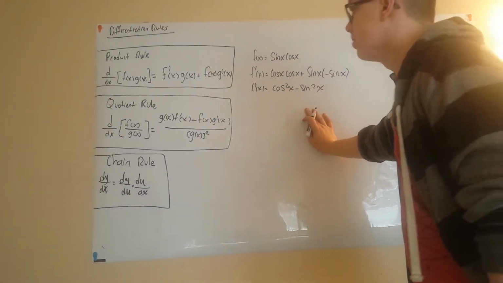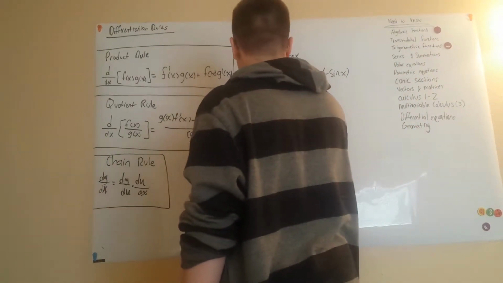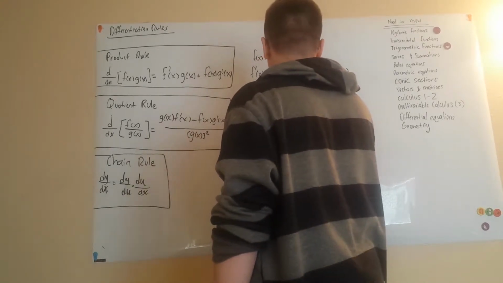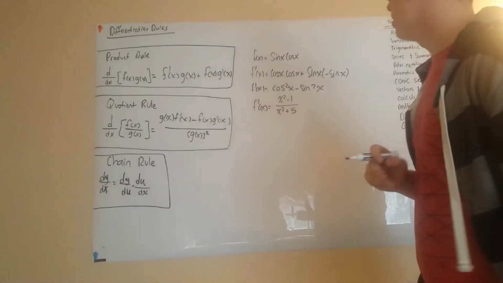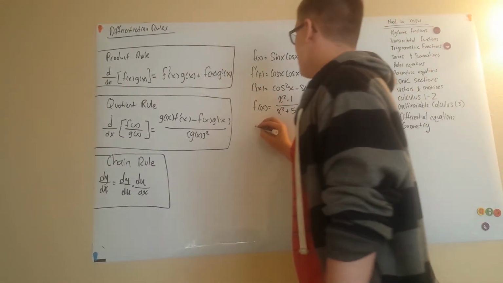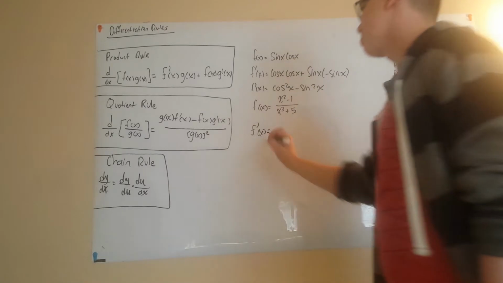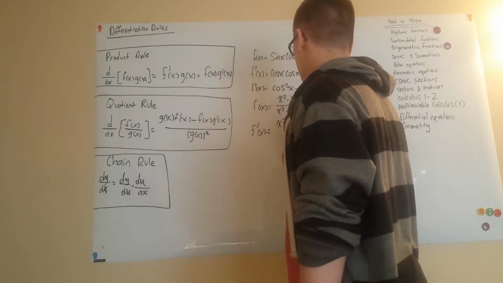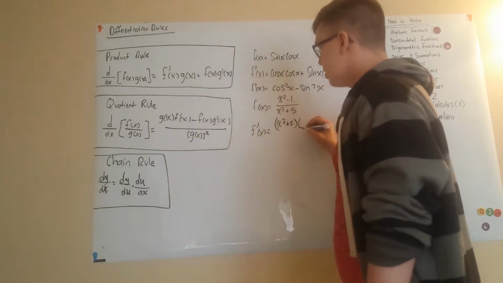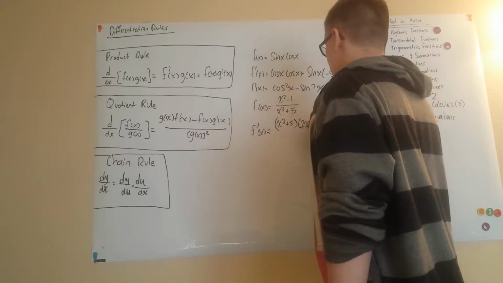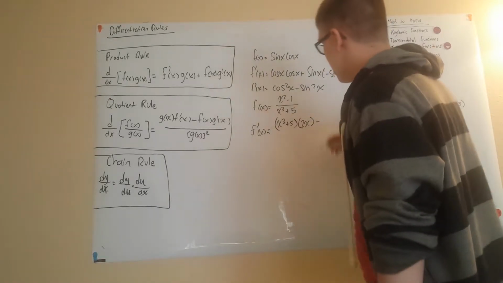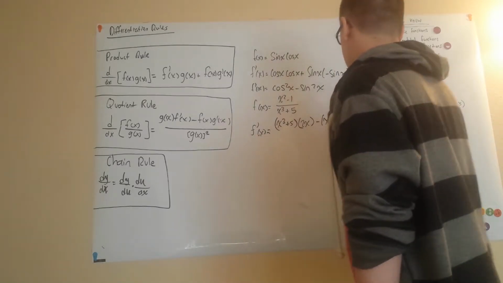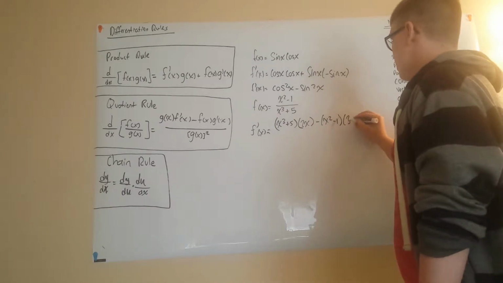Let's use a quotient rule. Let's find f prime. Quotient rule, guys. So it's low times the derivative of the top minus the top times the derivative of the bottom.